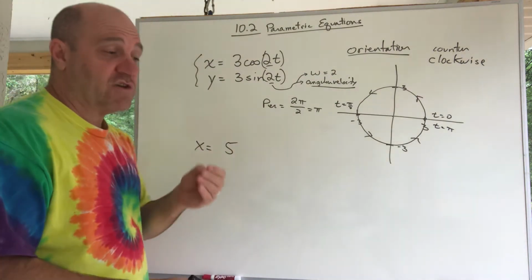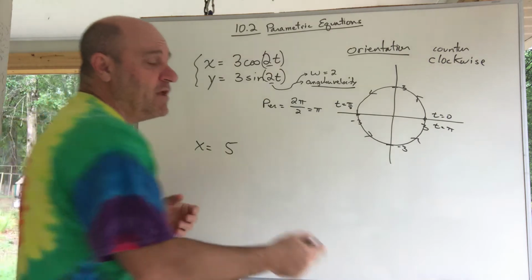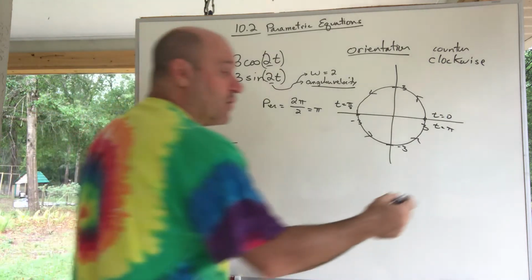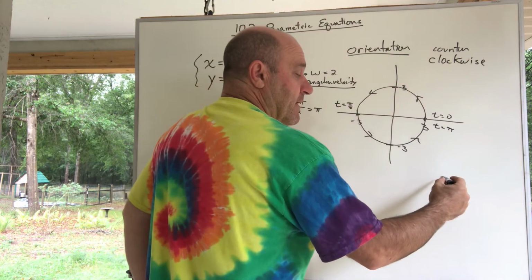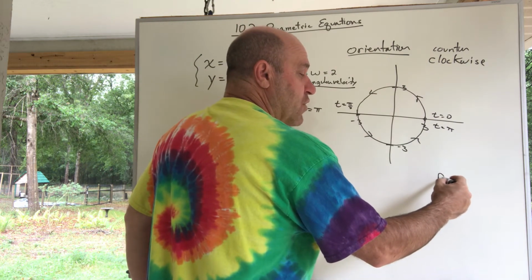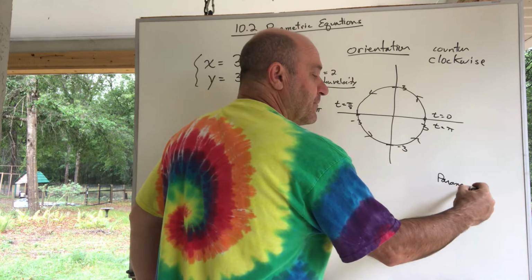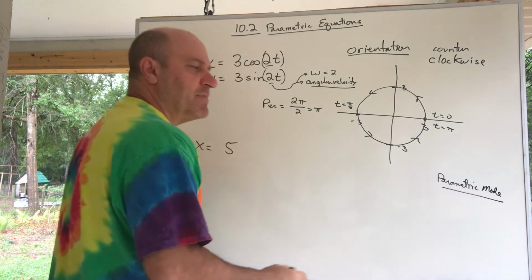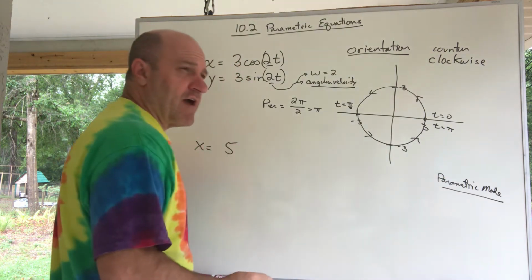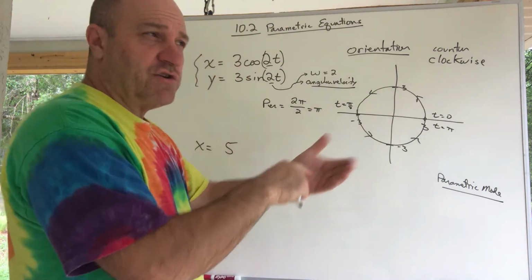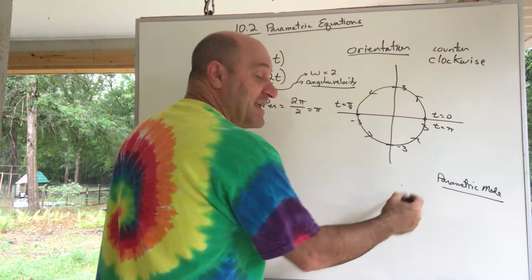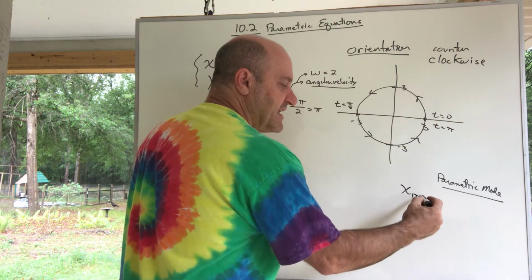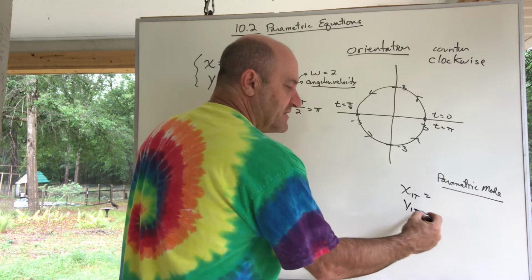One way to play is on your graphing calculator. You can go to Mode, and instead of function mode, you can go to parametric mode. I don't have my graphing calculator with me, but when you type y equals, you don't see y equals, you see x1 of t equals, y1 of t equals.